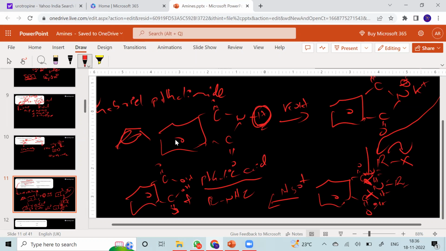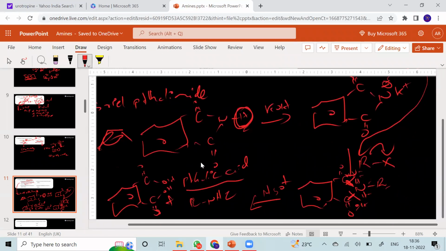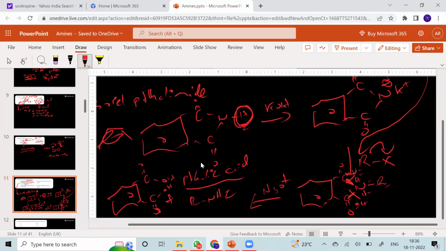Now, how do I understand whether this R, which I'm writing here, I hope you're seeing it. Now, this R, if it was a benzene ring, will this reaction happen? Or why won't it happen?